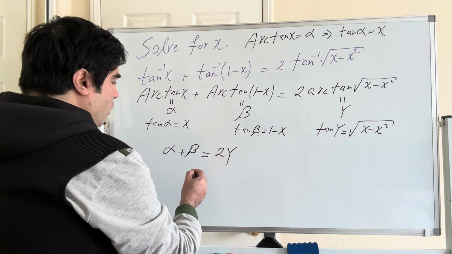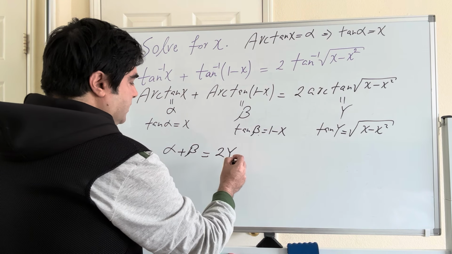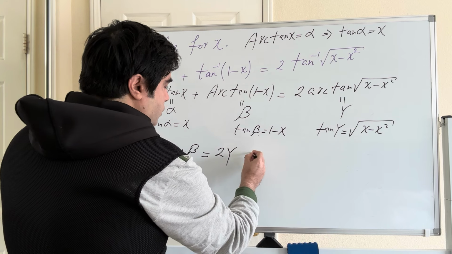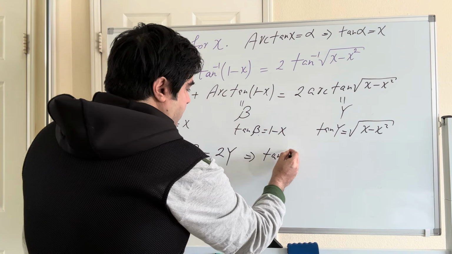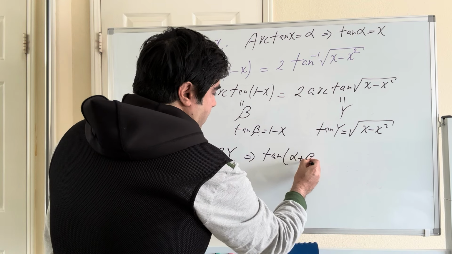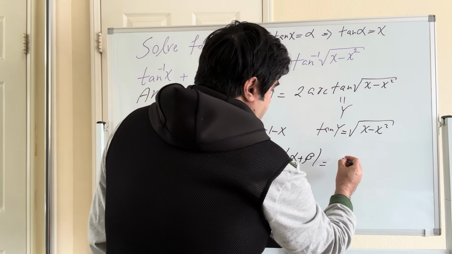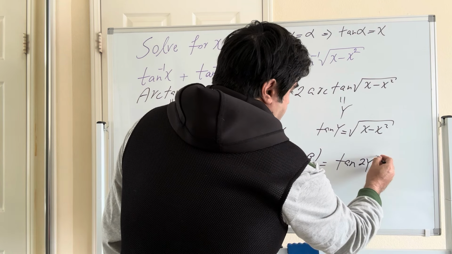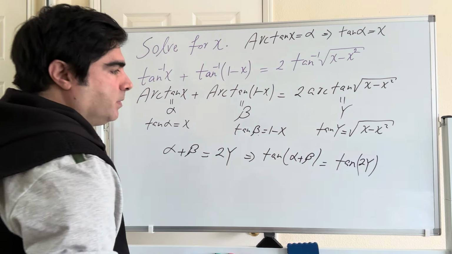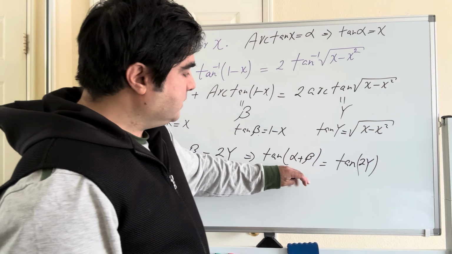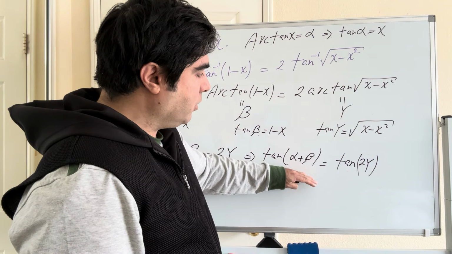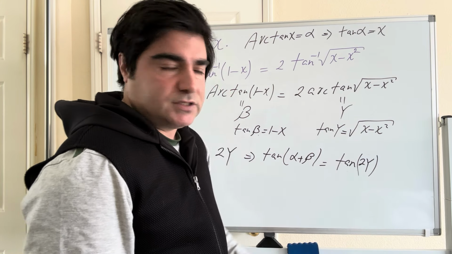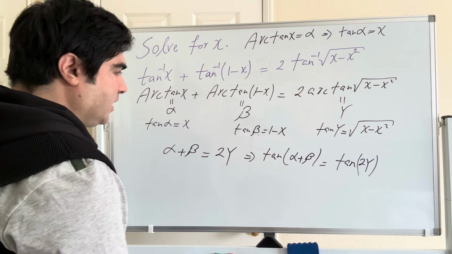So what I'm going to do is take the tangent of the angles from both sides. So it's going to be tangent of alpha plus beta equal to tangent of 2 gamma inside the parentheses. And then I'm going to establish what their identities are.